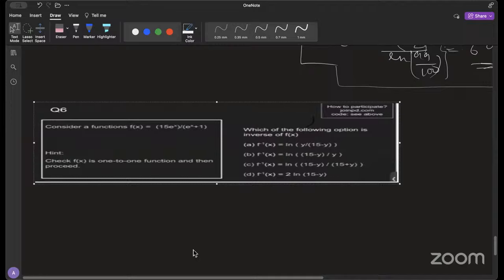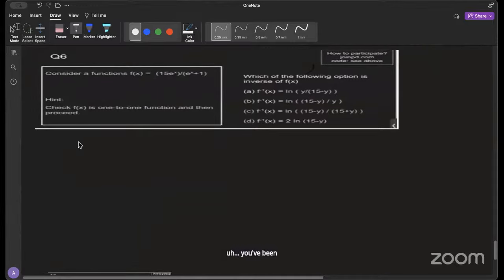Option number 1: ln y upon 50 minus y. Okay, let's give this a try.